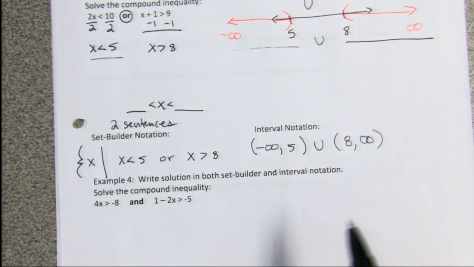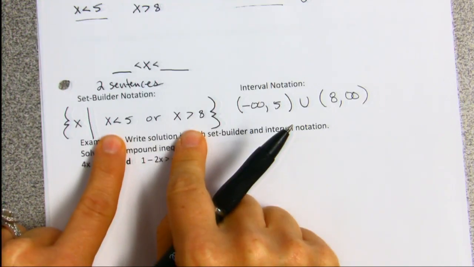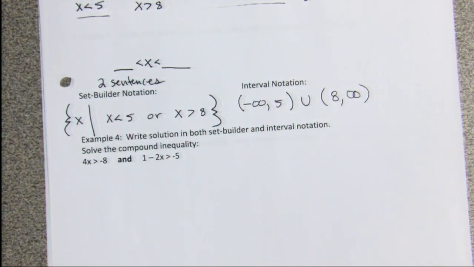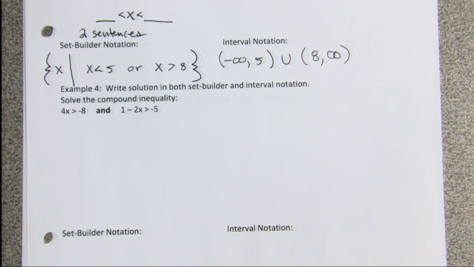When I say two sentences, you'll see both of them in there. So or statements are two sentences. When we do an and, we can write one sentence with x in between the two values. We'll go over that with set builder notation, but it's mostly going over how to write it.